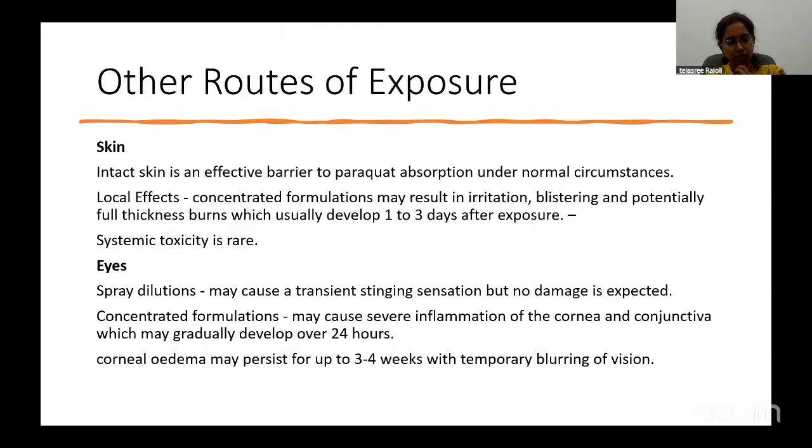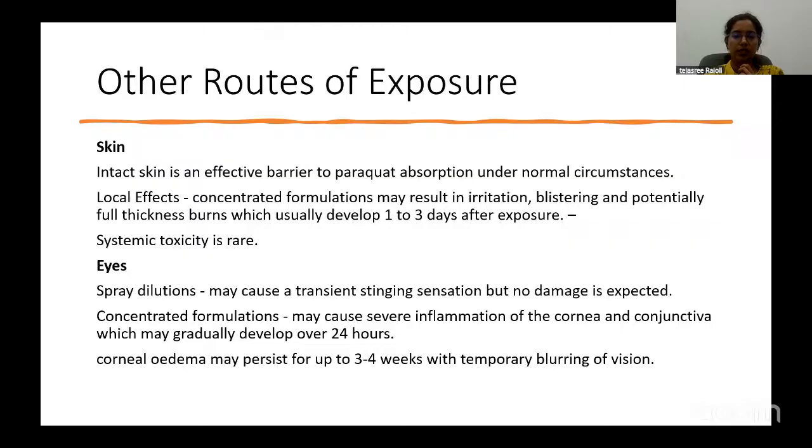Even if there is absorption, it is usually with a very high concentration, that is more than 20% paraquat. Local effects depend upon the concentration of the formulation. The higher the concentration, the more irritation, blisters, and potentially full-thickness burns can develop from 1 to 3 days after the exposure. Systemic toxicity with intact skin is very rare.